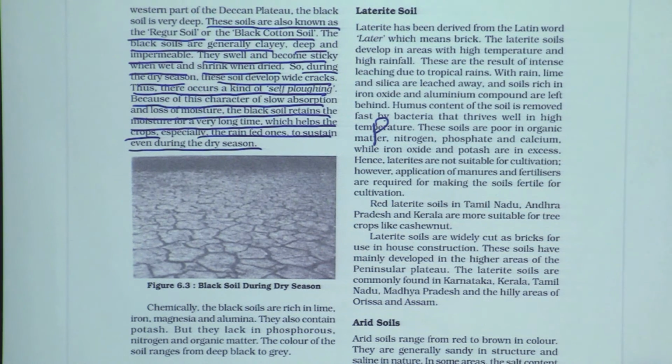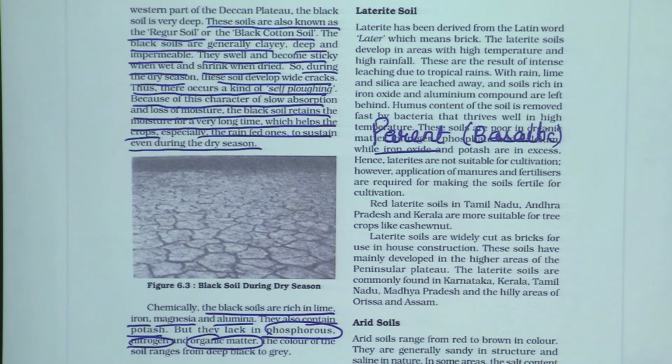So, basically, which type of soil is black soil? Black soil is typical to parent rock, as I said in the beginning. And which type of parent rock are we developing it over? It's basaltic. What is the reason it is considered to be a fertile type of soil? It has significant availability of minerals like lime, iron, magnesia, aluminium, and it also contains potash. But what is the limiting factor? Phosphorus, nitrogen and organic matter are missing.